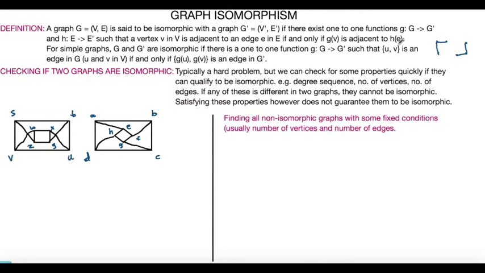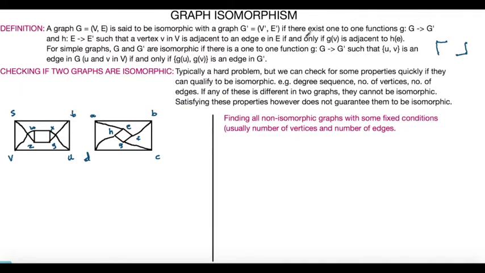So what we are trying to say is, if we have a mapping from this V to this V prime and this E to this E prime, and if an element of V is adjacent to an element of E in G, then the corresponding element mapped from V to V prime is adjacent to the corresponding element mapped from E to E prime. And that h should be one to one.